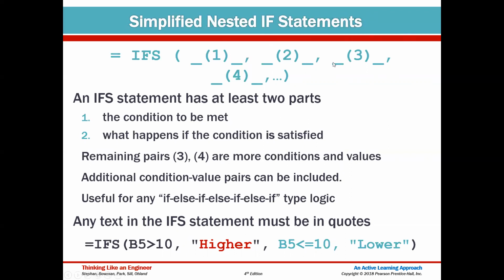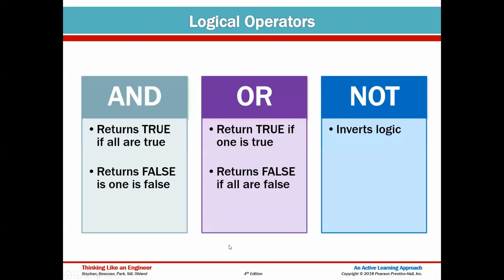Moving on to what is the condition to be met for our second condition, and what happens if it's satisfied. Meaning that this is always in the false portion of your notation. And so you're going to always work in pairs of two in this type of statement.